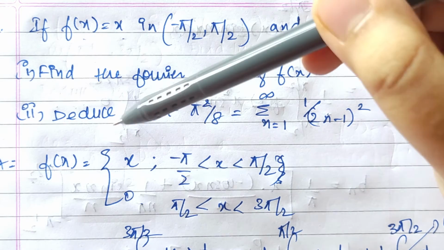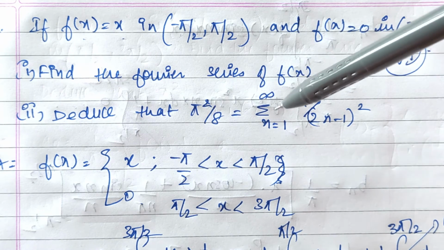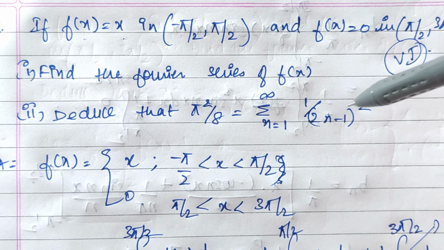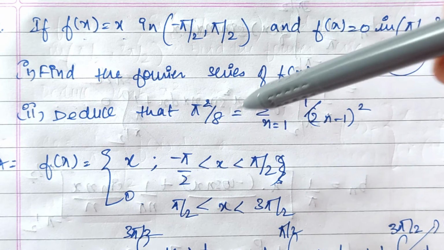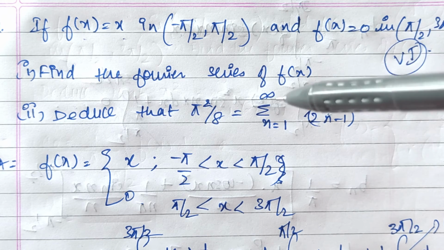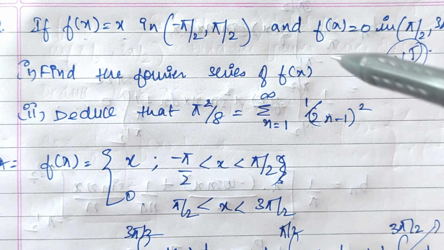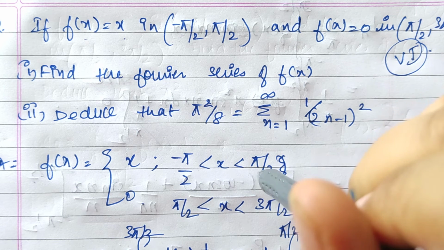Now we need to deduce that pi square by 8 is equal to summation of n is equal to 1 to infinity 1 divided by 2n minus 1 the whole square. So for this part, we need to check the behavior of f of x, the function, at the point of discontinuity. What is the point of discontinuity? It is pi by 2.